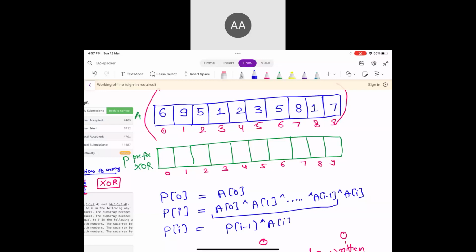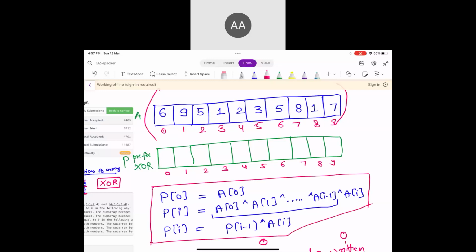This is what we know about prefix sum or prefix XOR already. Using this idea, just fill the prefix XOR for every index. And then we will see how we use prefix XOR to find our answer.